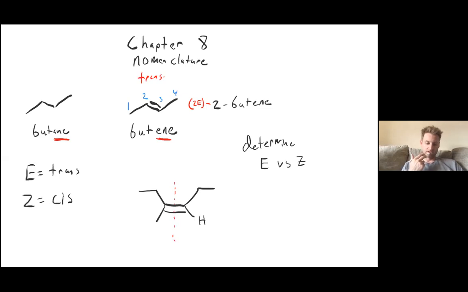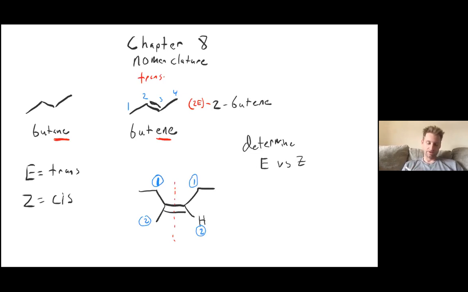So if we were to take a look at this, based on the numbering used from R and S, you would say that this top ethyl group is a higher priority than this CH3 here. We can do the same thing on the other side. We would say that this ethyl here is a higher priority than this hydrogen.